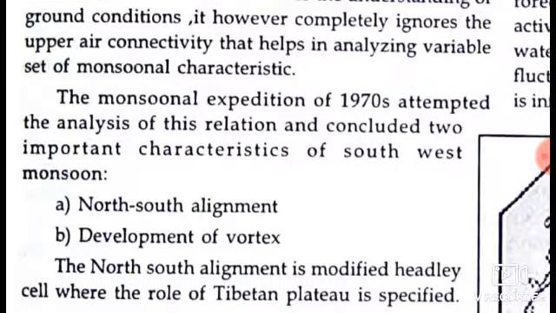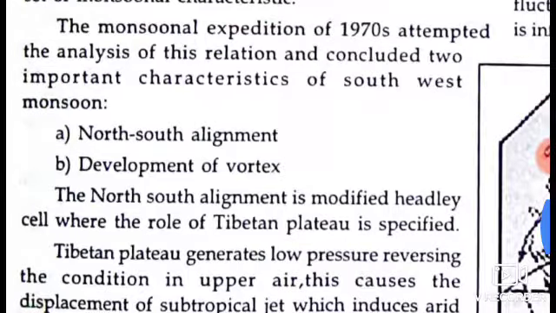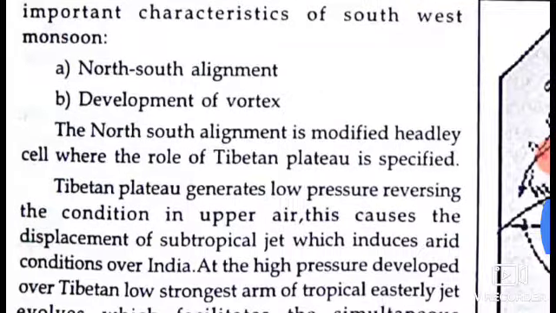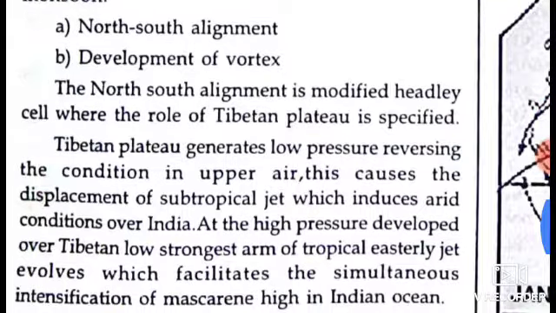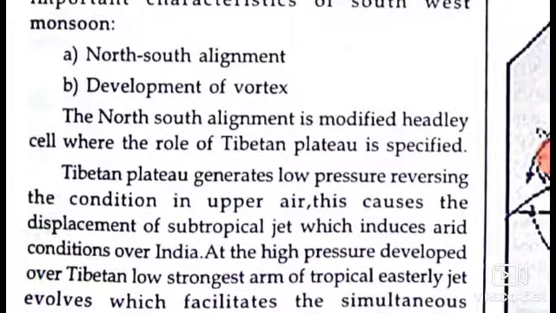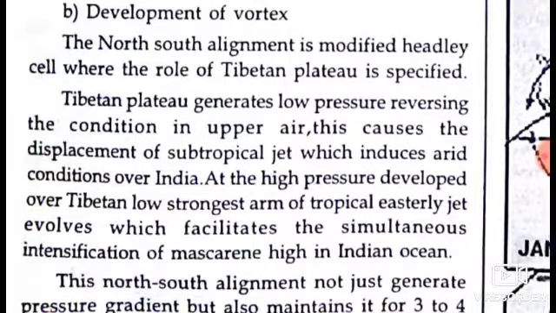The monsoon expedition of the 1970s attempted the analysis of this relation and concluded two important characteristics of the southwest monsoon: north-south alignment and development of vortex. North-south alignment is a modified Hadley cell, and the role of the Tibetan plateau is specified. The Tibetan plateau generates low pressure, reversing the condition in upper air. This causes the displacement of the subtropical jet, which induces arid conditions over India.